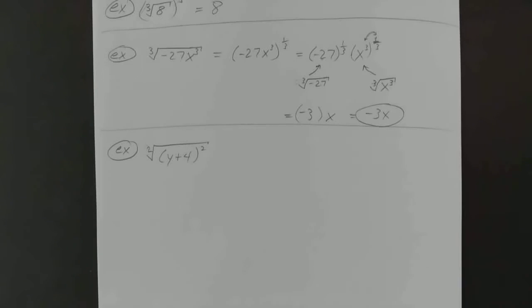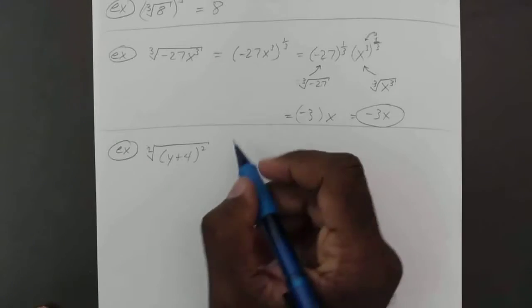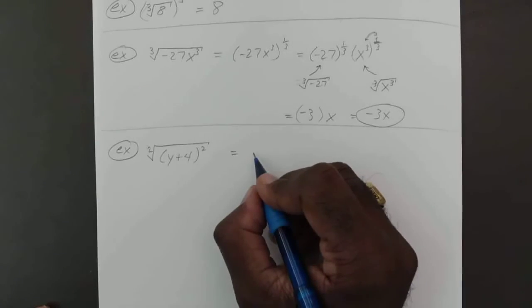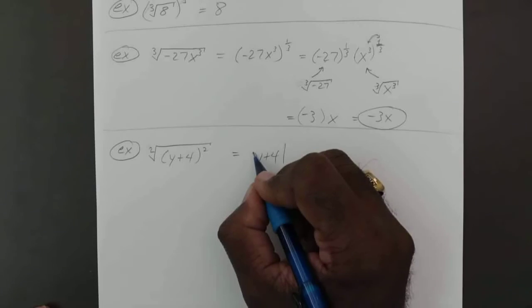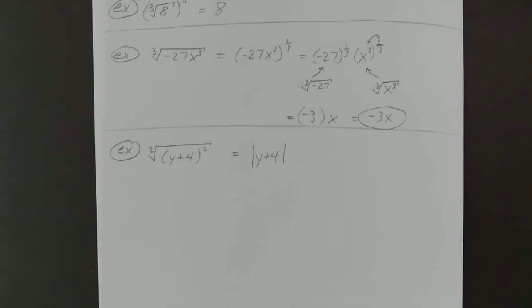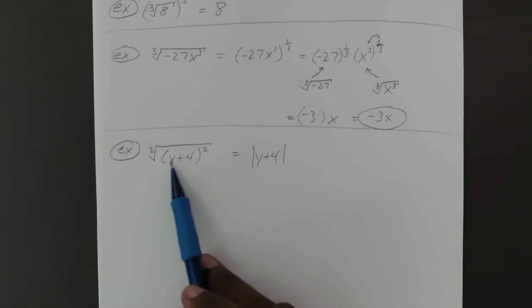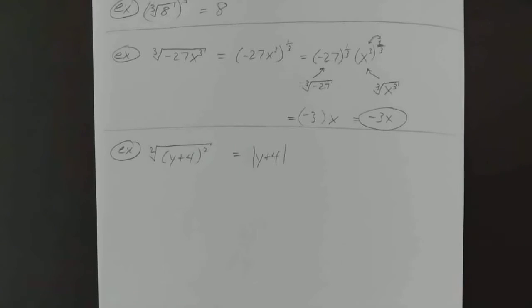Okay, so whether it's inside or outside, the square and the square root still cancel out. But with this one, your answer would be y plus 4, but it would have to be positive. Because remember, whenever that index is even, what's under here has to be positive.